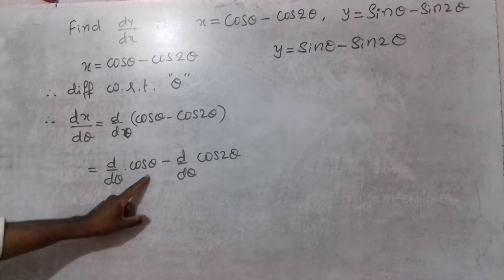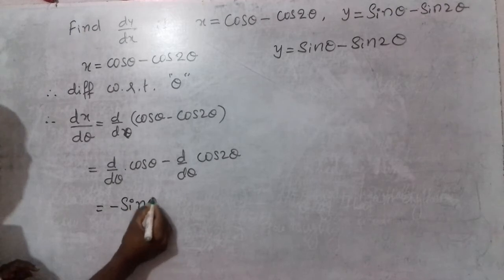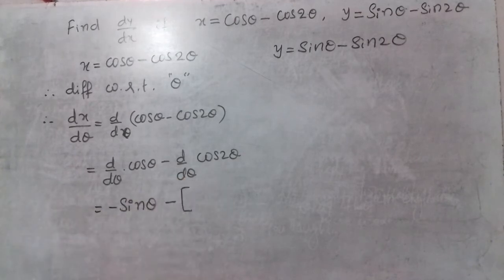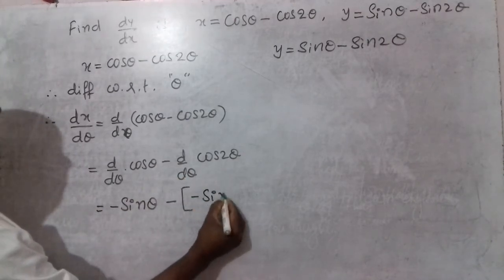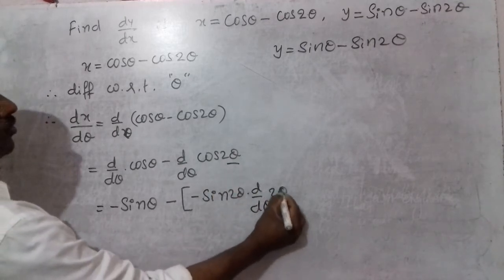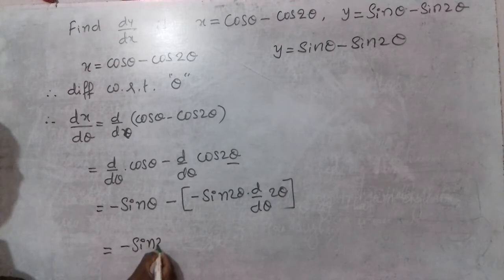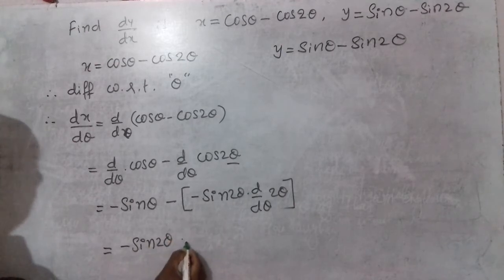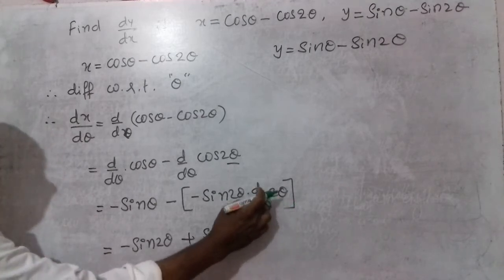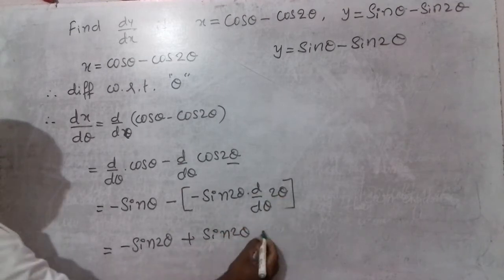The derivative of cos theta is minus sin theta, minus, in bracket, the derivative of cos 2 theta, which is minus sin 2 theta, again a composite, into d by d theta of 2 theta, which is 2.